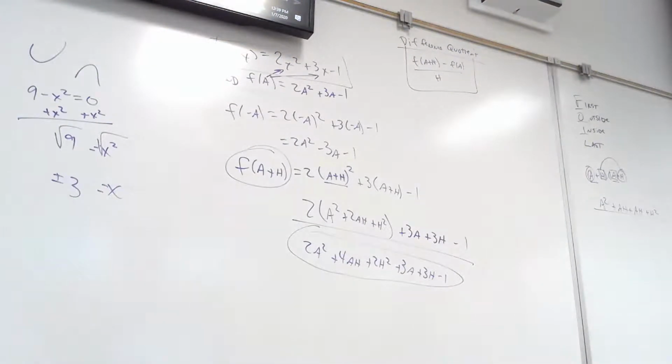Now, who is going to move on to take calculus? 1, 2, 3, 4, 5, 6, okay, 7. So this is actually the definition of what they call a derivative. So you're definitely going to see this again in calculus. The rest of you aren't taking calculus, but you still got to know it, okay?